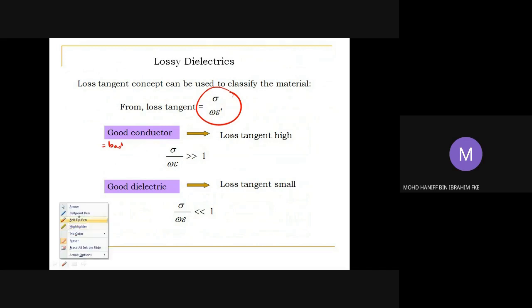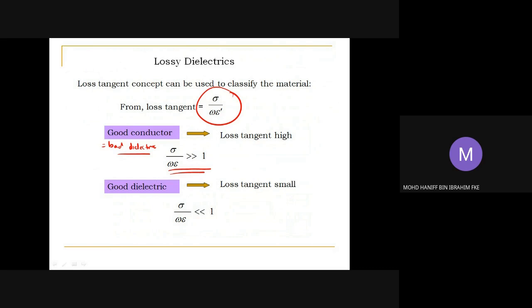So you can see that for a very high loss tangent, the dielectric will be very lossy, but it will be a good conductor. This is represented by a loss tangent value very much higher than 1. So this is the characteristic of the loss tangent for the case of a good conductor.